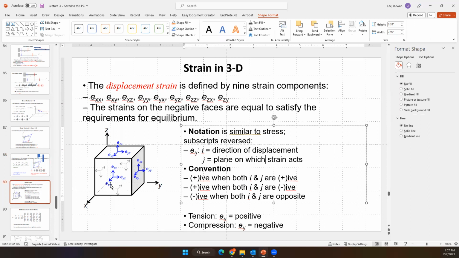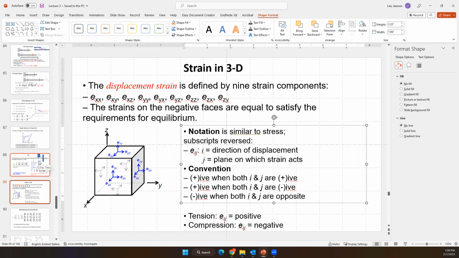So in the case of EXX, the displacement direction would be x, and the strain acts in the x direction. Then EYX is y direction displacement, but the strain acts in the x direction. Do you understand?